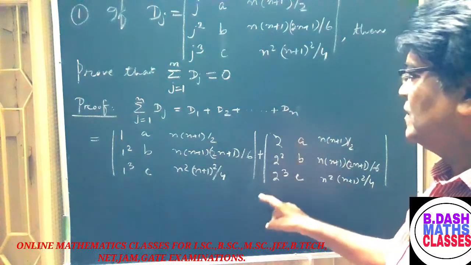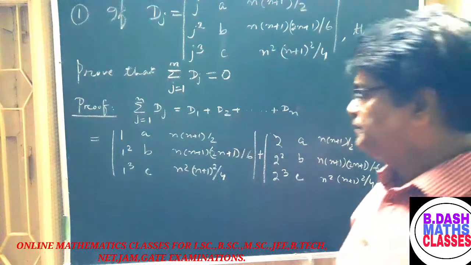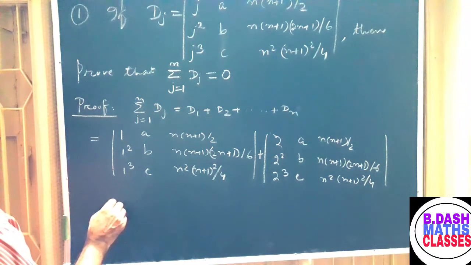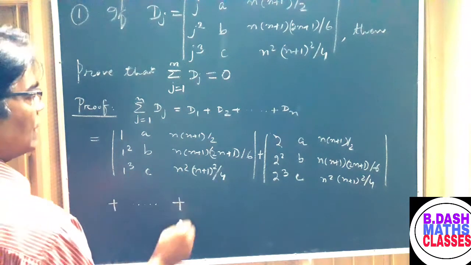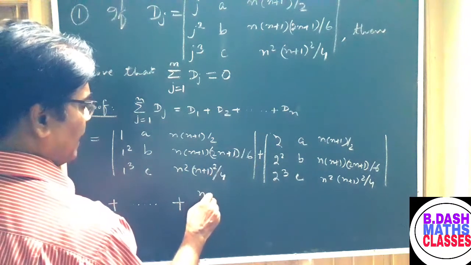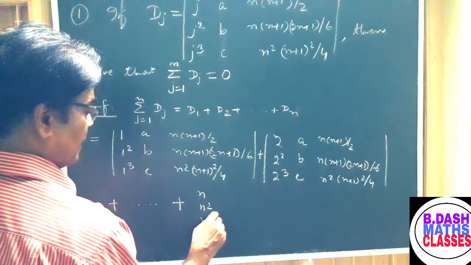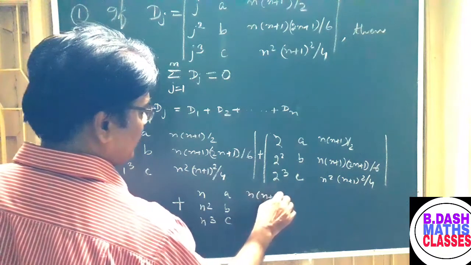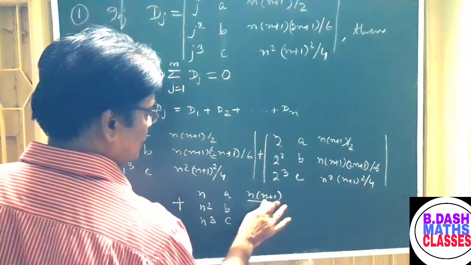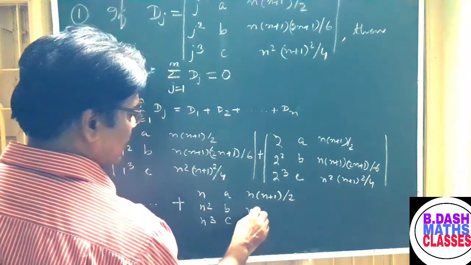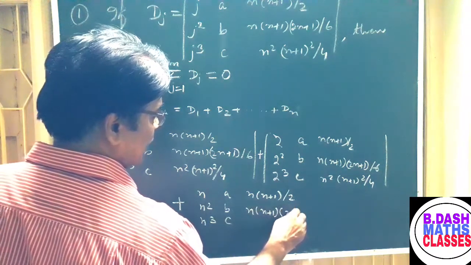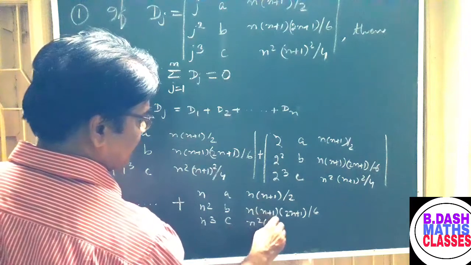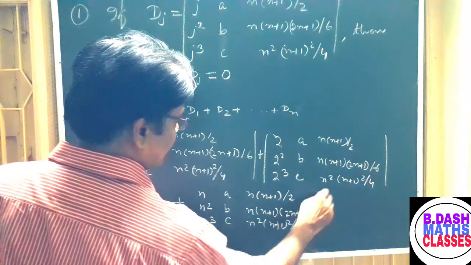Taking j equal to 2, I have written Δ2. Then plus, up to Δn, which will be n, a, n(n+1)/2; n², b, n(n+1)(2n+1)/6; n³, c, n²(n+1)²/4.